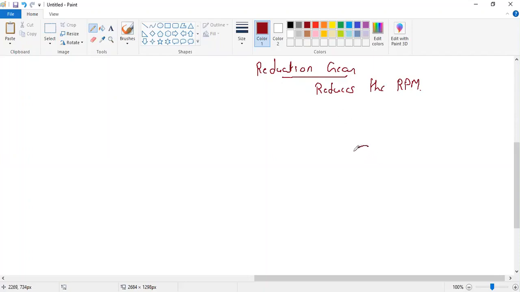Let us understand it from the front view. Here, this is a driving gear connected to the compressor section, and this is a driven gear. Please don't mind my diagram, it's a bit bad. Okay, beta?